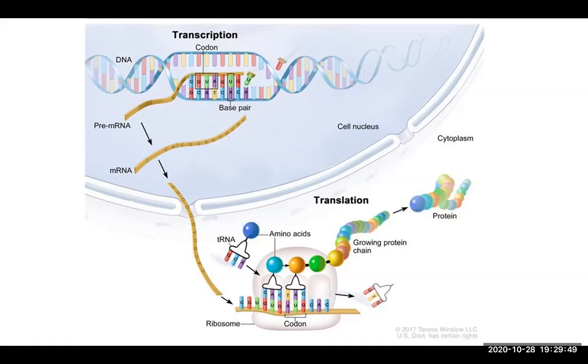You need the small ribosomal unit to bind to the mRNA, and then you need that start codon, methionine, to bind to the first codon, and then the large subunit can bind, and then you'll continue to go down the mRNA and add on corresponding amino acids.